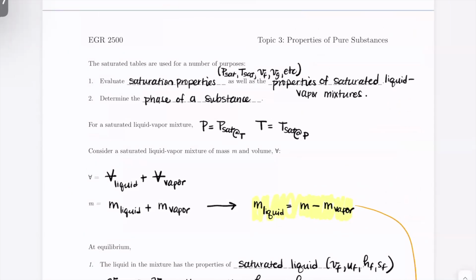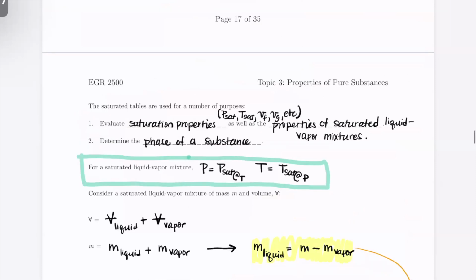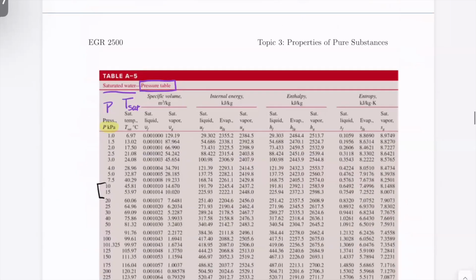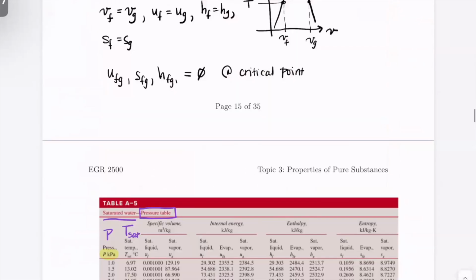We're going to use this: if we have a saturated liquid vapor mixture, our pressure is going to be the saturation pressure at the temperature that we're at, right? So let's go up to our table that we were at before. Our saturation pressure for 50 degrees C is 12.352 kPa. So that has to be the pressure of our mixture.